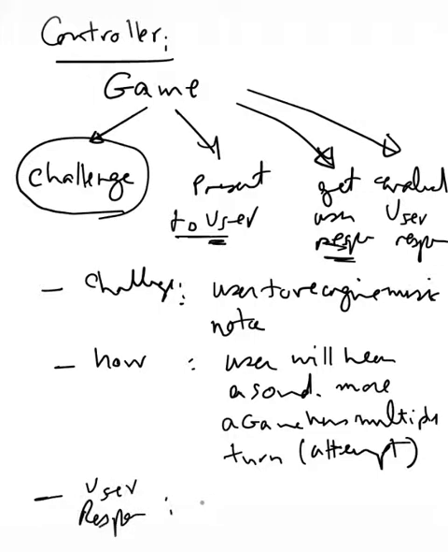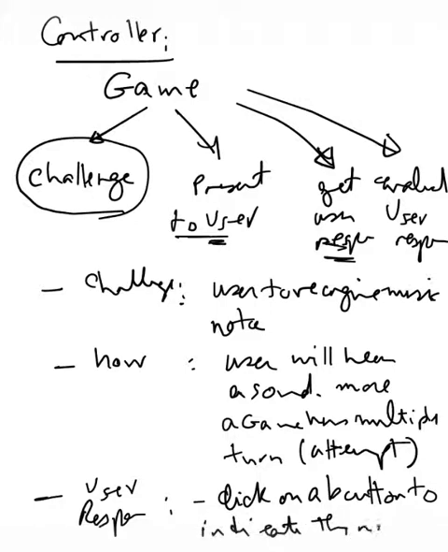So get the user response. Here the user will click on a button to indicate which note they think was played. And then finally, to evaluate, the game will evaluate the user response, which is also calculating the user's score.